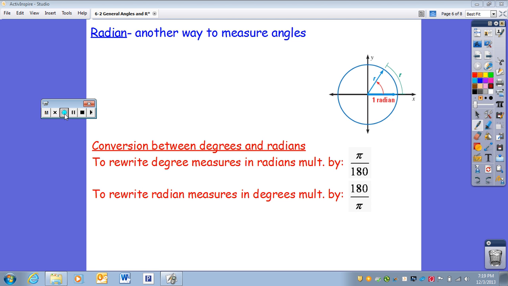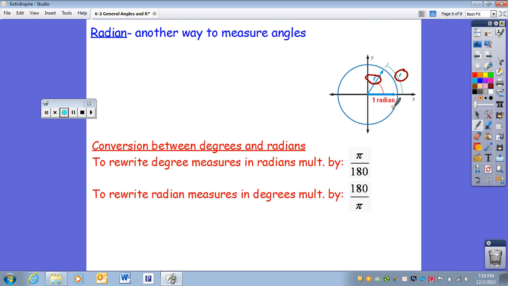Now, the definition of a radian is we consider a circle that has a radius of r, and that circle has its vertex at the origin. 1 radian is the measure of the angle in standard position whose terminal side intercepts an arc length of r.